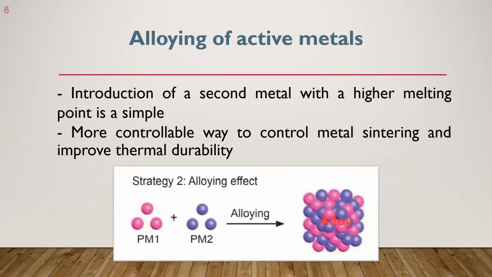Studies of alloying by introduction of a second metal with a higher melting point show it is a simple and more controllable way to control metal sintering and improve thermal durability. Hence, additional composition and content optimization of bimetallic catalysts for better sintering stabilization effect is of great importance.